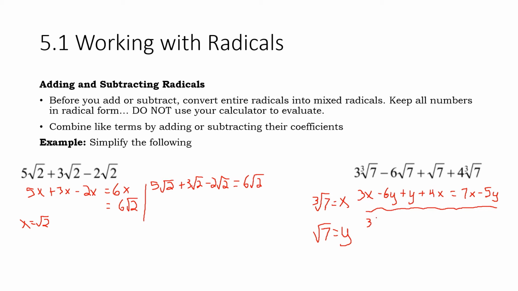So with 3 cube root 7's and minus 6 square root 7's plus 1 square root 7 plus 4 cube root 7's, we can combine together the 3 cube root 7's and the 4 cube root 7's, and we would have 7 cube root 7's.